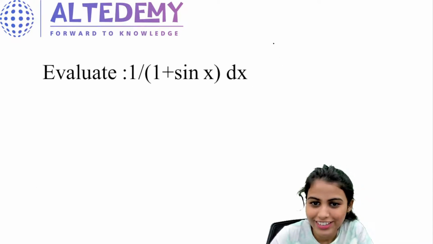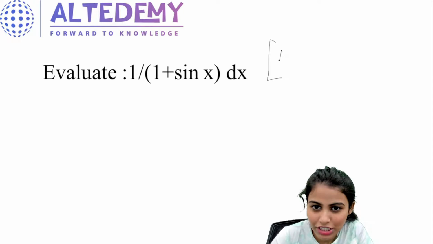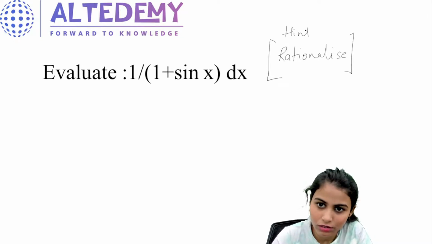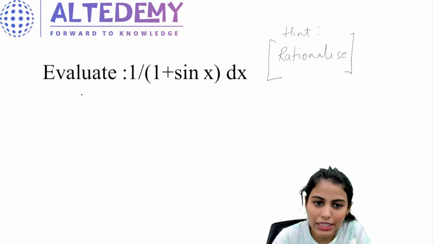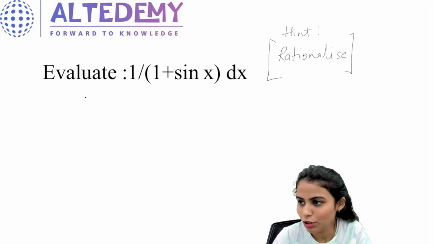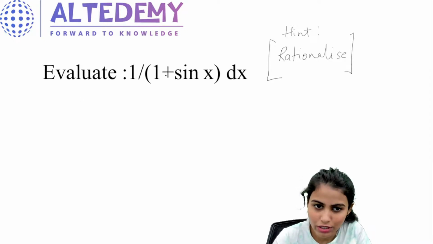I already said that for such type of questions, we have to rationalize. Hint: we'll multiply by the conjugate of the denominator. What is the conjugate? Whatever is in between, we just put the opposite sign. If it is plus, we write minus.